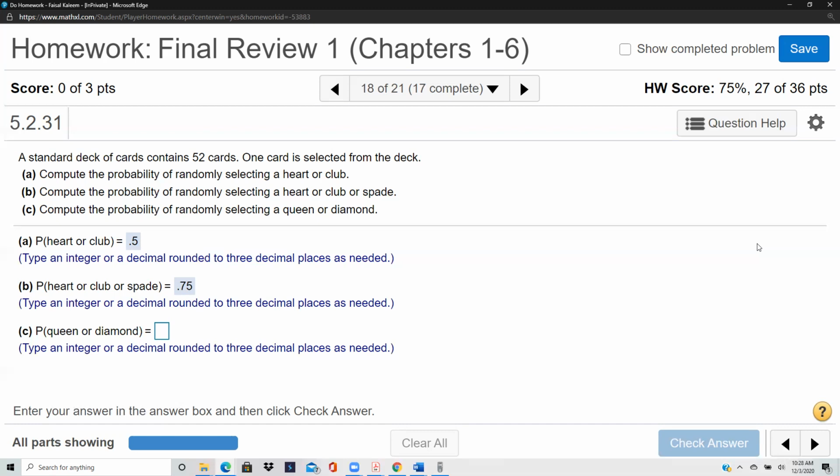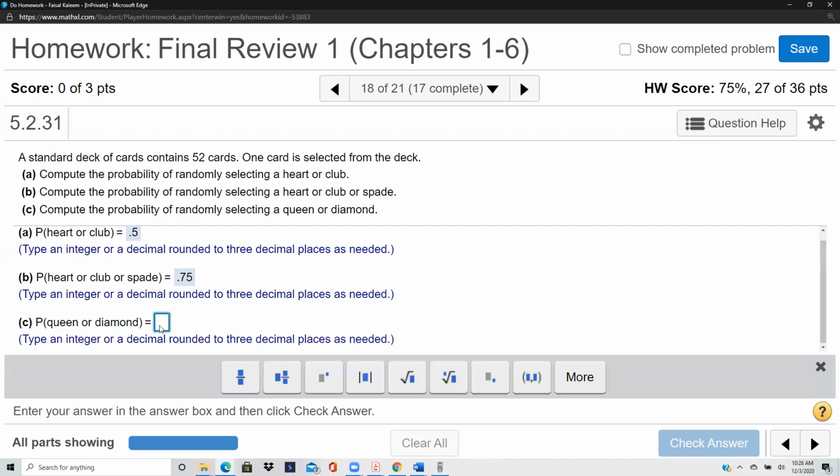Well, isn't one queen a diamond? Yeah, and so what are we going to do with that? Subtract. That's the overlap that we're going to subtract. So 4 queens plus 13 diamonds minus 1 card that is both a queen and a diamond, which is 1. And then you divide that by 52.